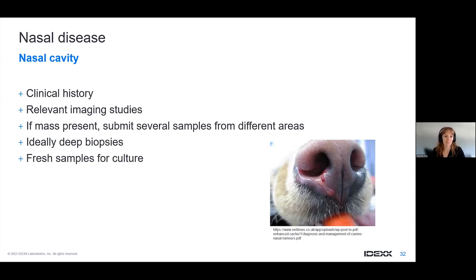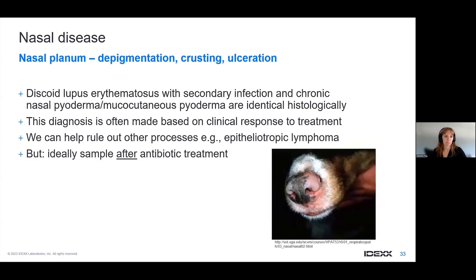The pathologist, again, says ideally really deep biopsies if you can do that clinically. And this is, again, like skin samples, a case where it just makes sense to have some first samples for culture at the same time. And then you have these quite common lesions of depigmentation and crusting and ulceration around the mucocutaneous junction, the nasoplanum. And always the clinical concern, obviously, is any immune-mediated disease, for example, lupus.